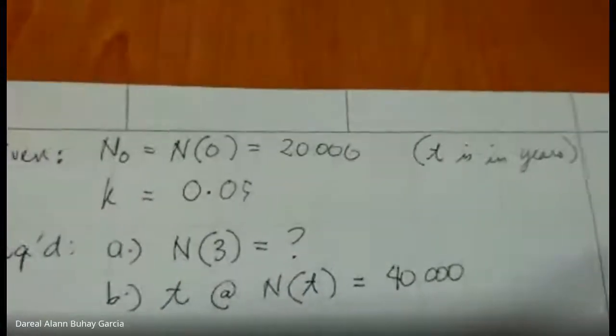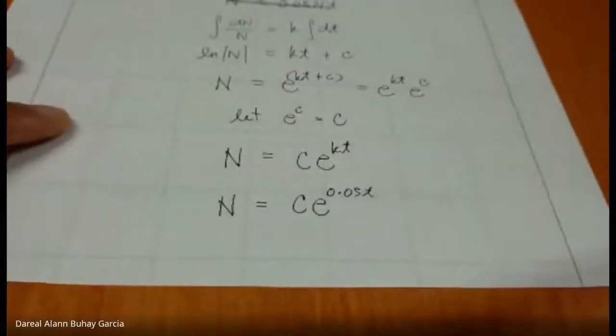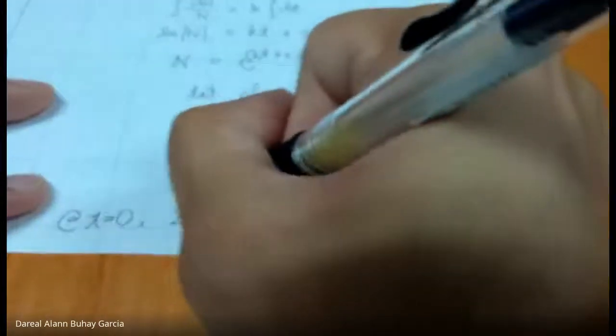Meaning when t is equal to 0, n is 20,000. Okay? So that would be equal to c e to the power of 0.05 times 0. So this is equal to 1. No? E to the 0 is 1.